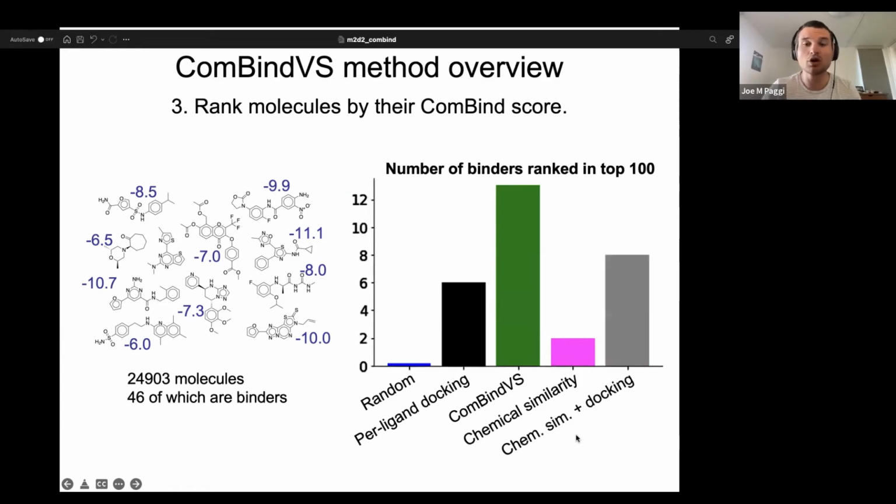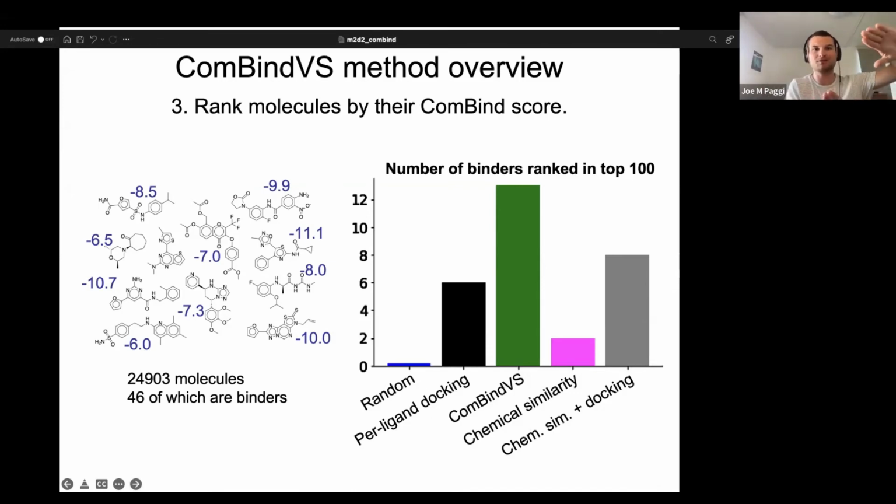Moreover, you can also take what I'm calling an additive combination of the chemical similarity and the docking. Instead of using the ligand information and the docking information together, as done in Combine VS, you simply take the chemical similarity score and the per-ligand docking score and combine them.